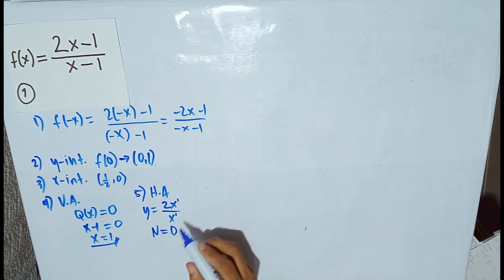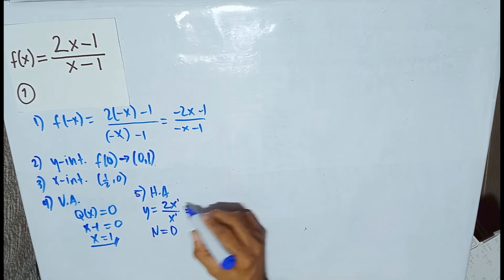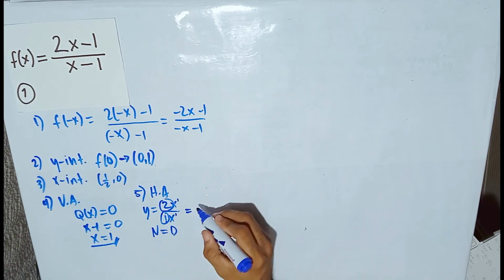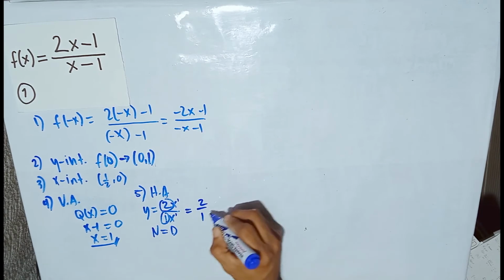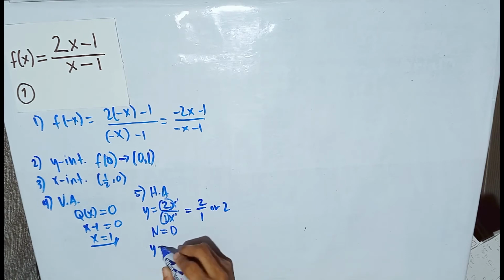So therefore, kapag equal yung degree ng numerator at denominator, we're just going to take the leading coefficient of that highest degree. So we have 2 over 1, or we have 2. So our y here is equal to 2, or our horizontal asymptote is equal to 2.